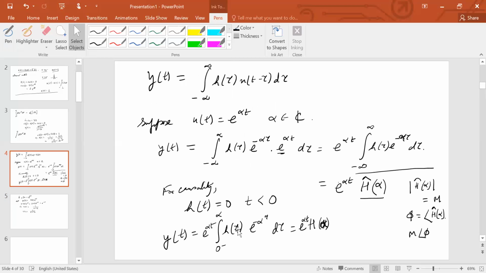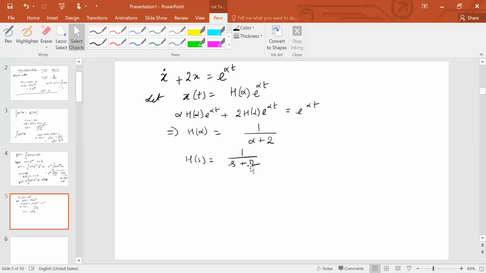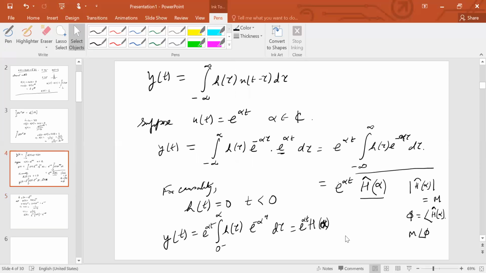Now if you want to find the impulse response by the reverse method, from the transfer function to the impulse response, you can easily see that h(t) is equal to the Laplace inverse of h(s), which is e to the power minus 2t. Having seen all of this, you now understand that knowing how to find the inverse Laplace transform of a given function in the s domain is very important, because at every step I have ignored that as a trivial step, but it's not really trivial.